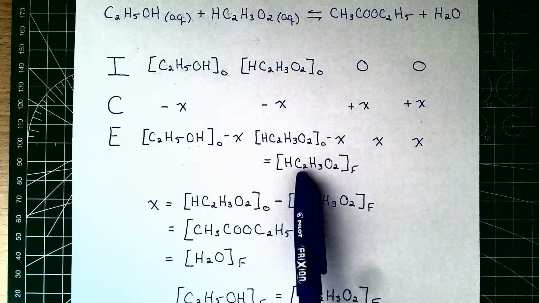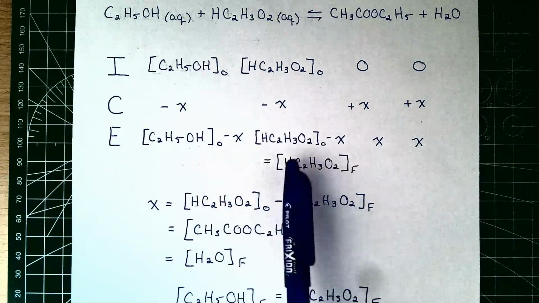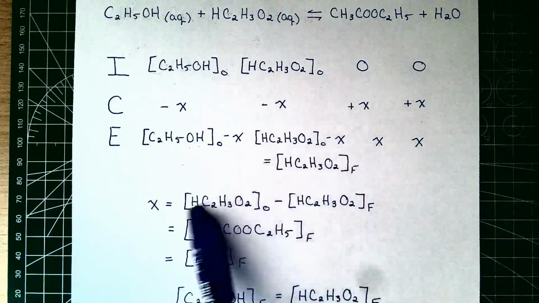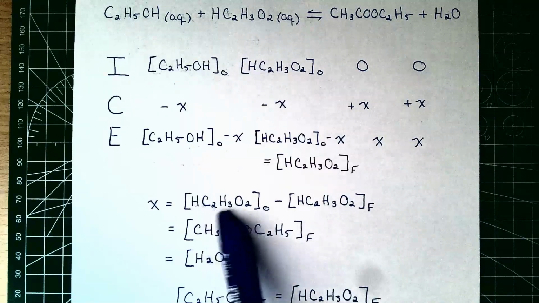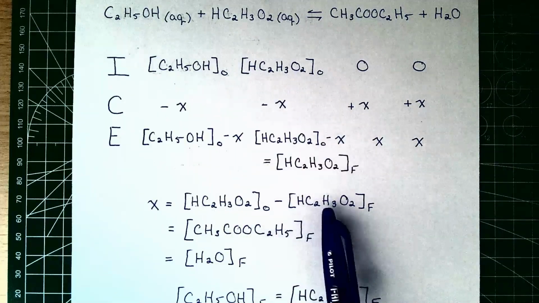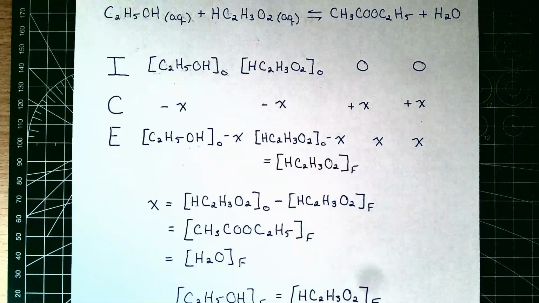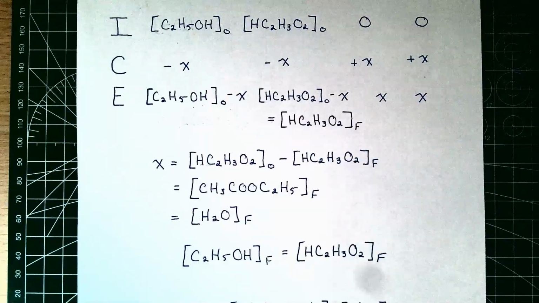We know what that is. That's this final concentration of acetic acid that we had. This is going to allow us to solve for x. So x is going to equal the initial concentration of the acetic acid minus the final concentration of the acetic acid.